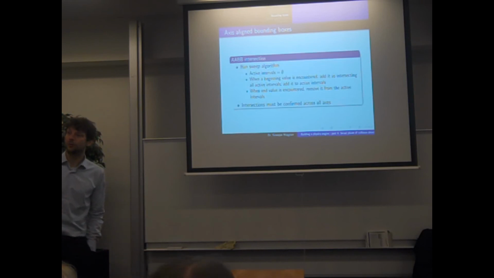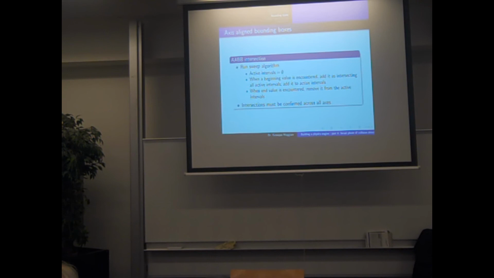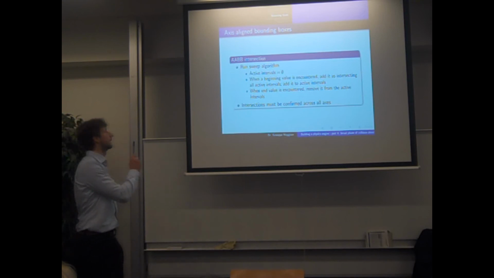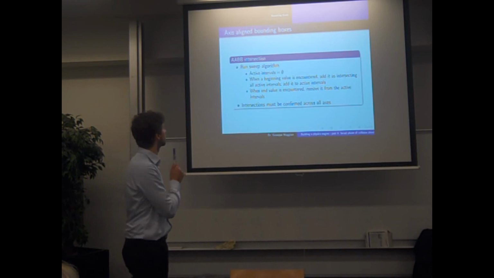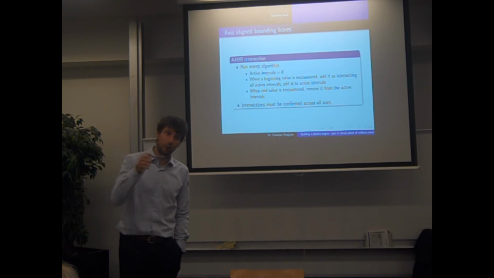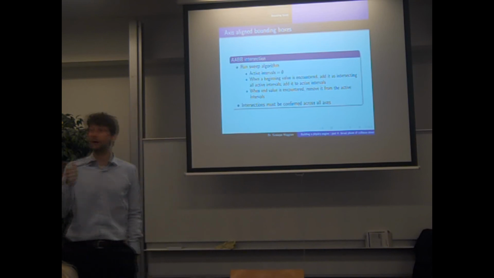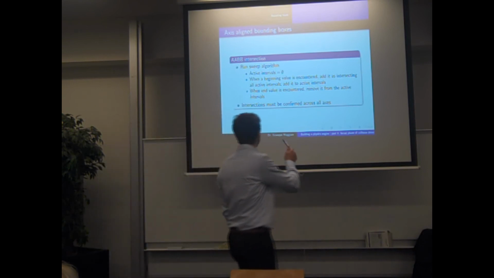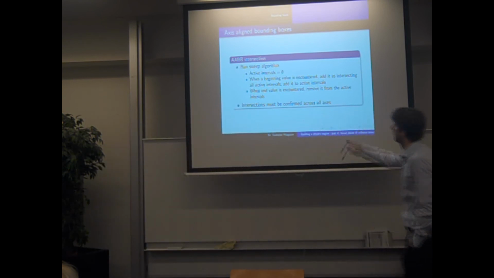At this point, we run the so-called sweep algorithm. This is the sweep phase that you will find in plenty of physics engines. You start with a set of active intervals, which is an empty set. When you find a point which is the beginning, the lower side of a bounding box, you add it to the active set, and it intersects with all the boxes which are currently in the active set. When you find a closing point, where a bounding box ended, you remove it from the active intervals.